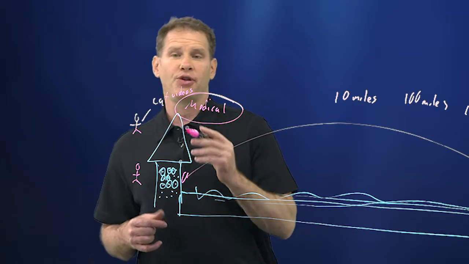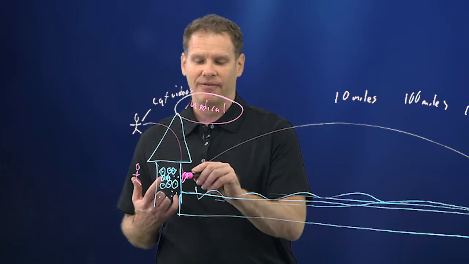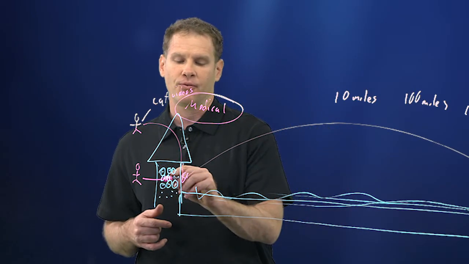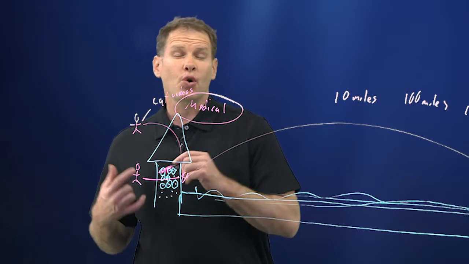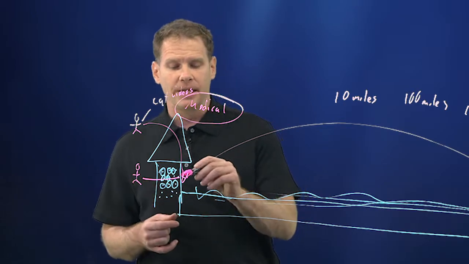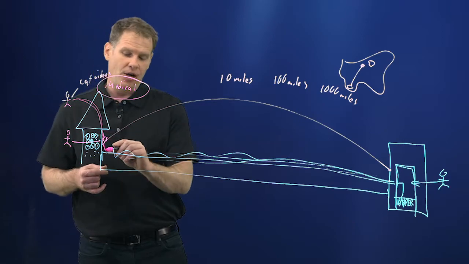So if they're both using DaaS at the same time, and this person is streaming cat videos or working on something that's not important, and this person is using a resource-intensive app, like a medical app or an ERP, these are both vying for use of this network here.